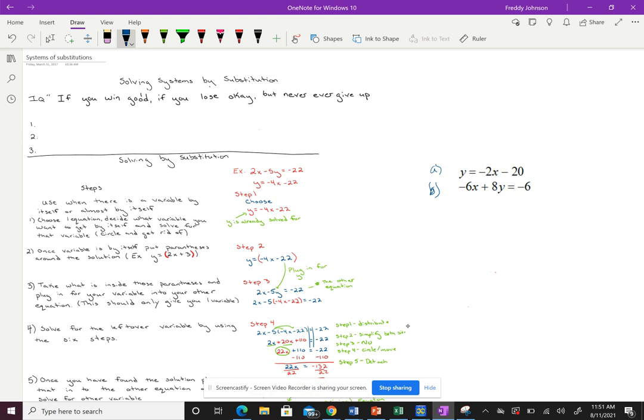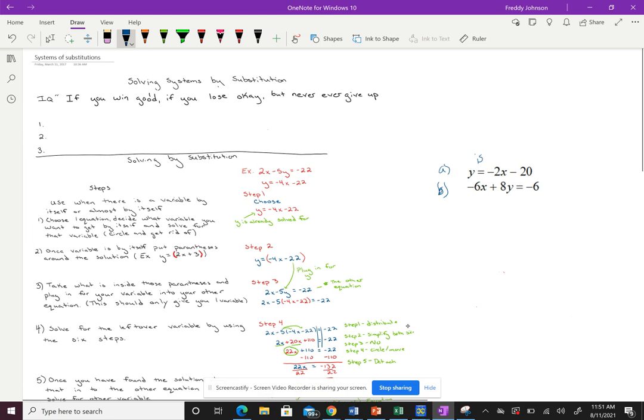Right away, on this one, the y is already by itself, so this is a great opportunity to use substitution. We know y is negative 2x minus 20. So anytime I see a y, I have to understand that y is equal to negative 2x minus 20, and I like to put parentheses around it.